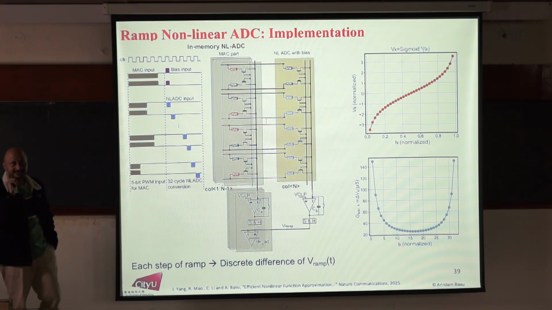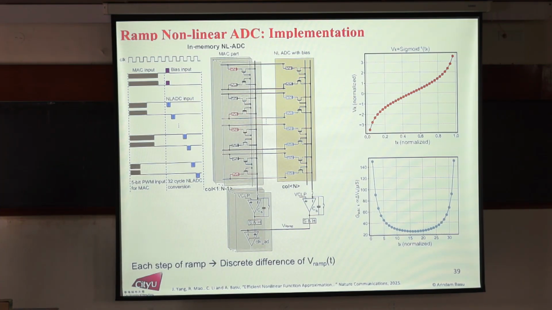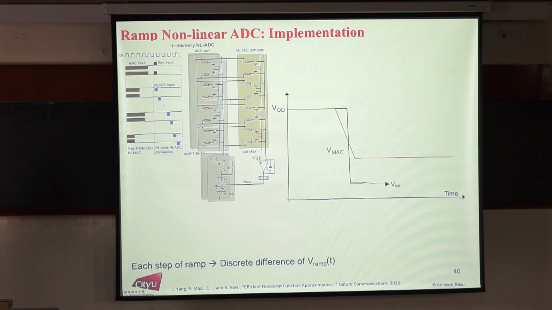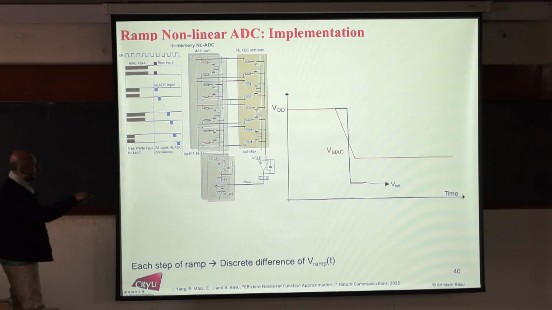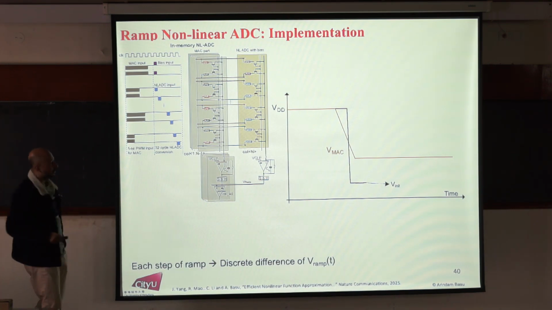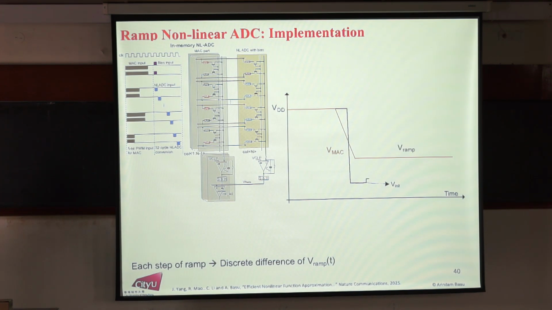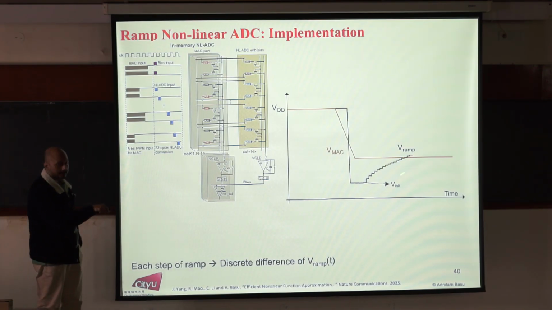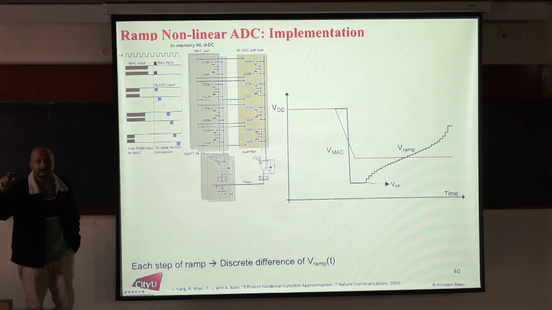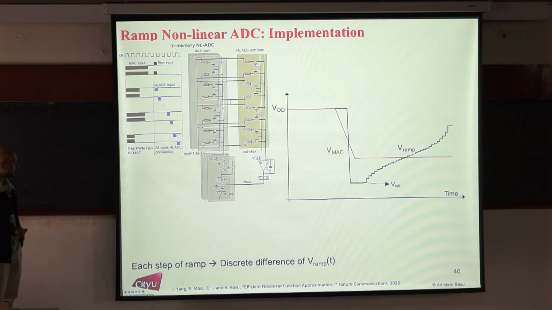So I still need just one device per step, and I just program the values according to the required delta. Just to show you a little bit better, this is the first part where you have the MAC, and after that, you can start your ramp one by one. And you have different step sizes according to what nonlinear function you need, the inverse of that.